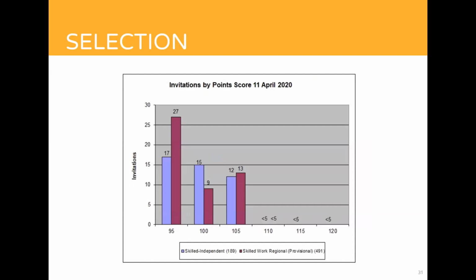And in April, we see that for the skilled independent, the lowest mark is 95. And that's because you can see from the numbers that there were very few candidates invited on the 11th of April. So there was an invitation round in May. I don't have the details for that.